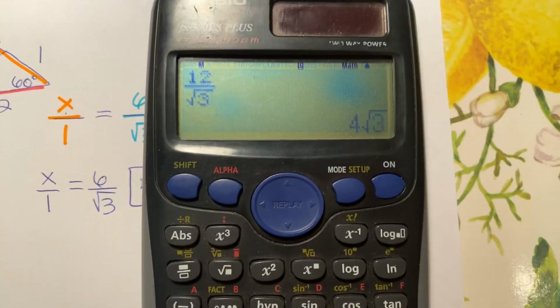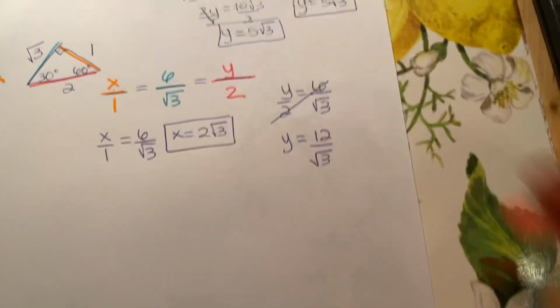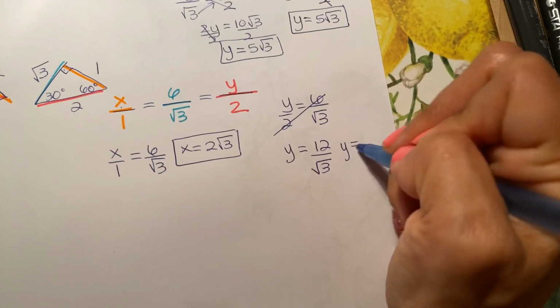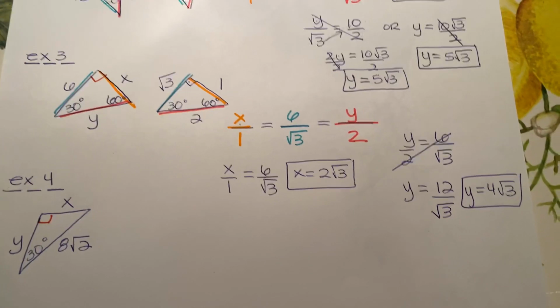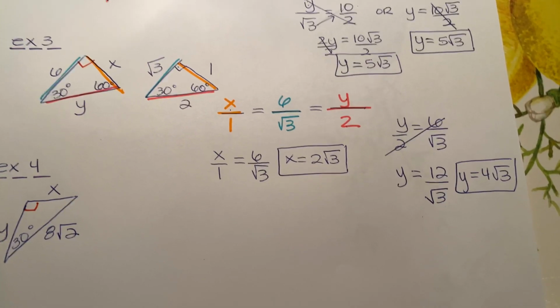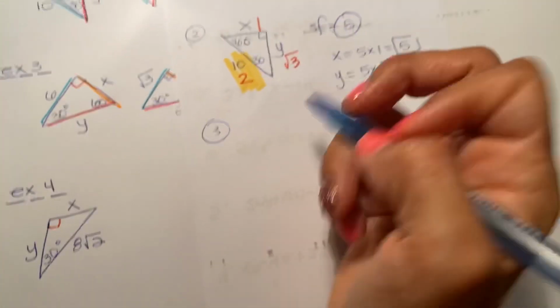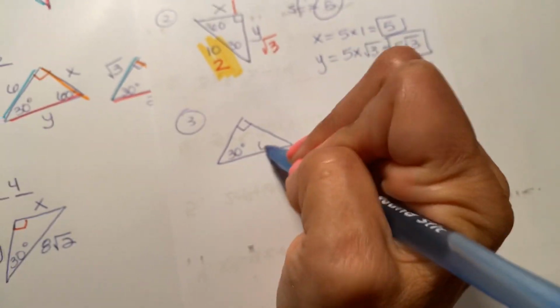And remember, there's no shame in doing this with the use of a calculator for rad 3. So now y is equal to 4 rad 3. And there you go. Okay, but for you mental math people, you're like, nope, take that calculator away from me.